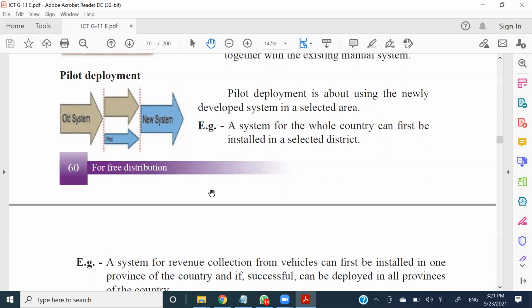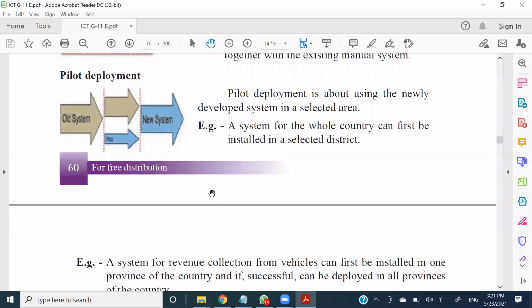So in the same organization, a pilot part, the chosen department or the chosen area, will be given the new system to execute their work, that is the pilot project, and the rest of the organization will operate using the old system until the pilot system is ensuring success, or gaining confidence regarding the operation, right? So that is what we call pilot, right?